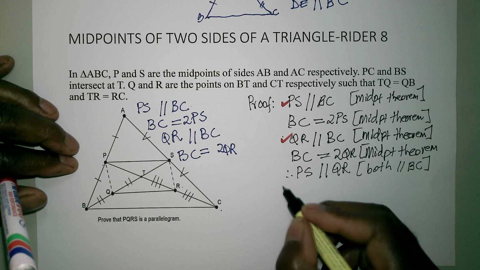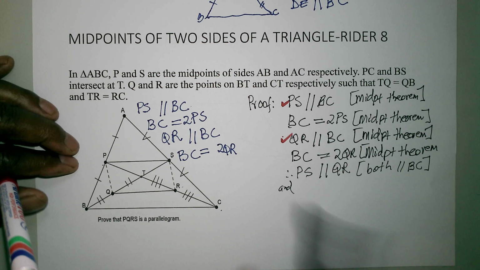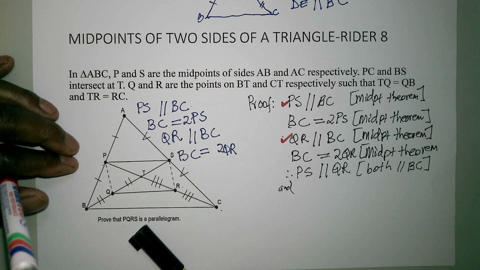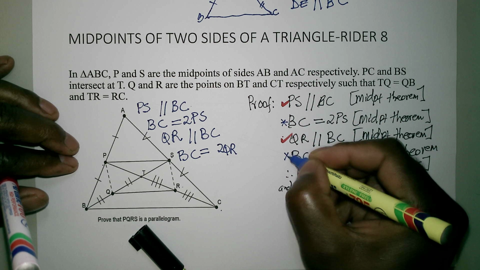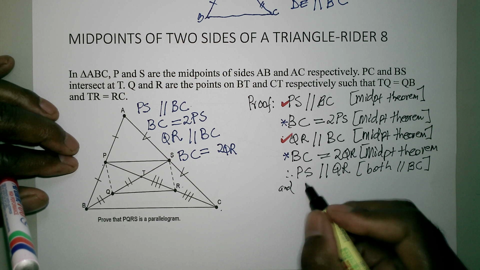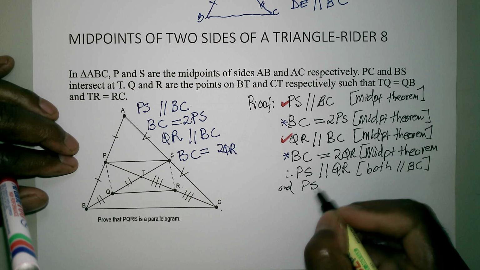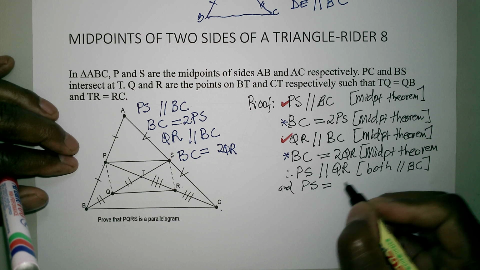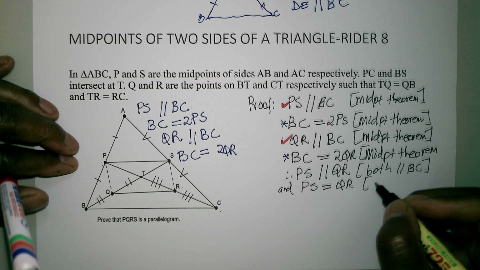And we have these two statements: PS and QR are now equal.